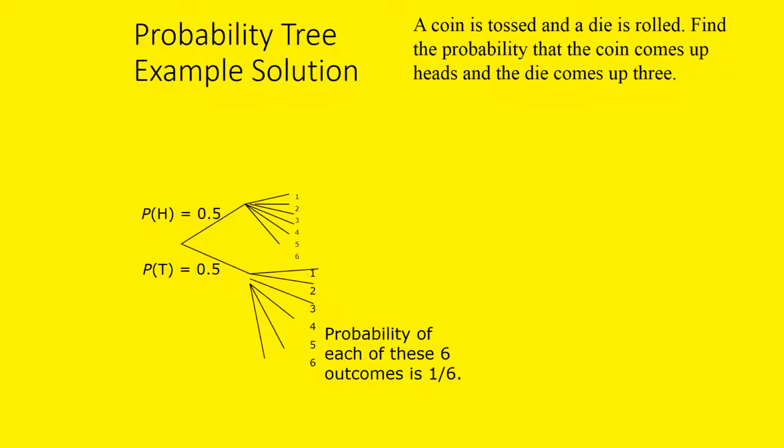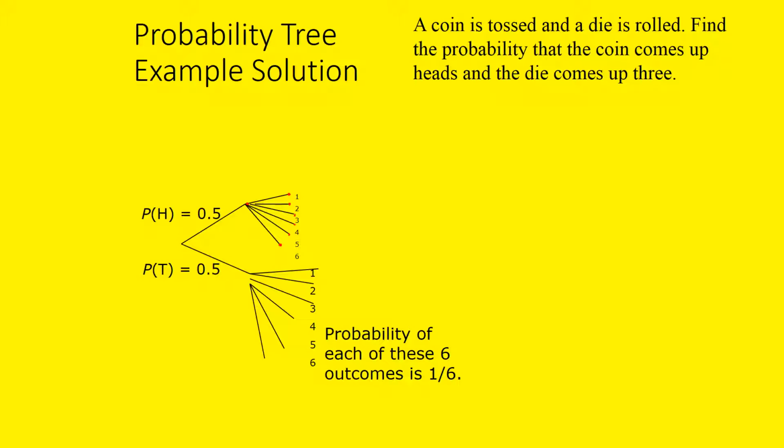And so first you flip the coin and you have a head or a tail, and the assumption is that each happens with probability 0.5. Now, given that you had a head, the die could come up 1 or a 2 or a 3 or a 4 or a 5 or a 6.